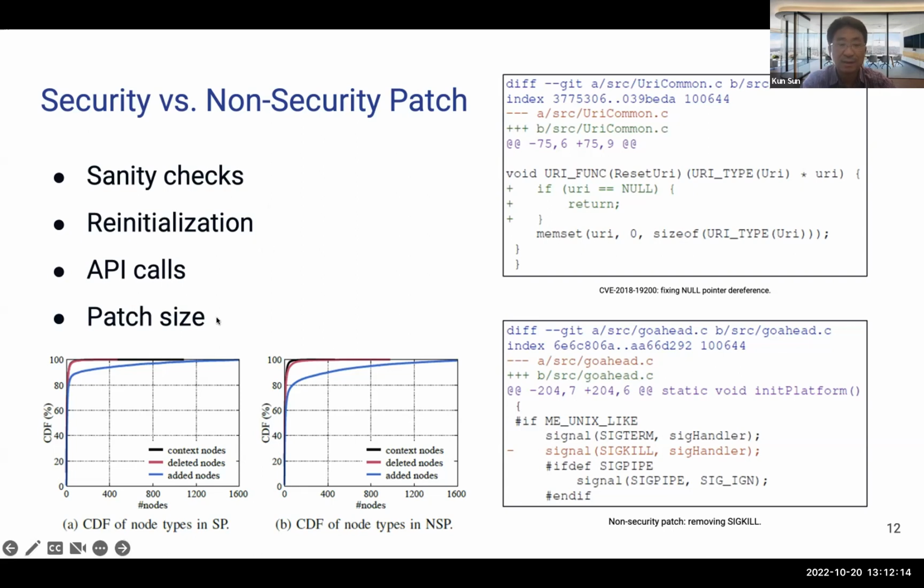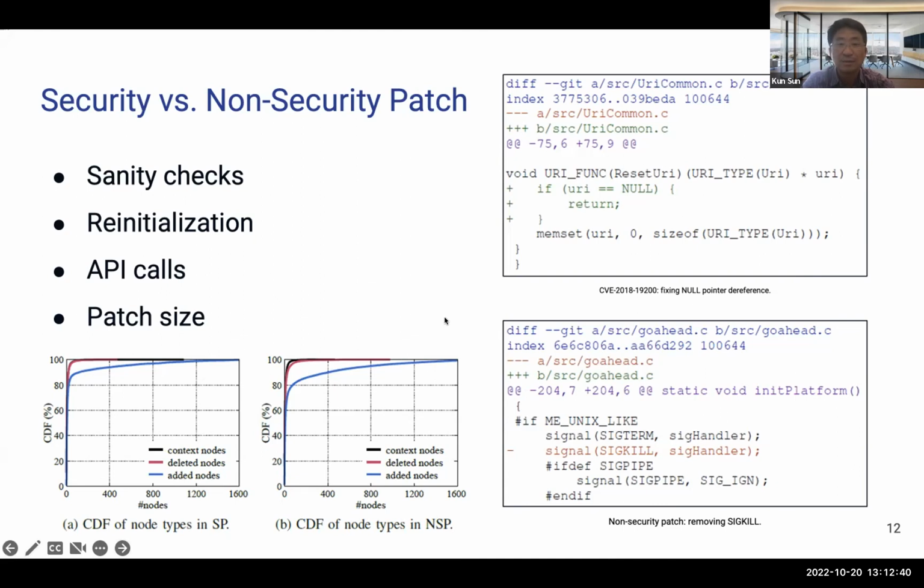Another thing is the patch size. Usually the size of a security patch is smaller than that of a non-security patch. This figure on the left shows that for the security patch, SP, the patch size is relatively smaller than for non-security patches.